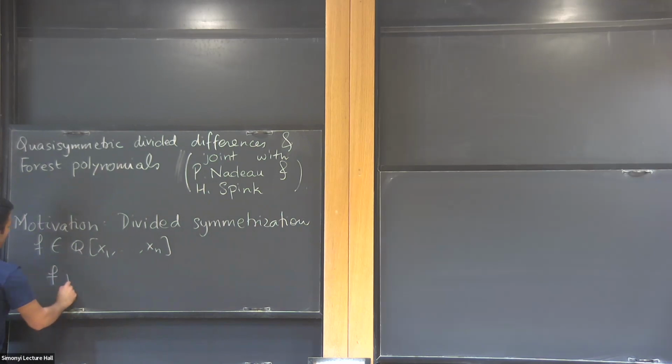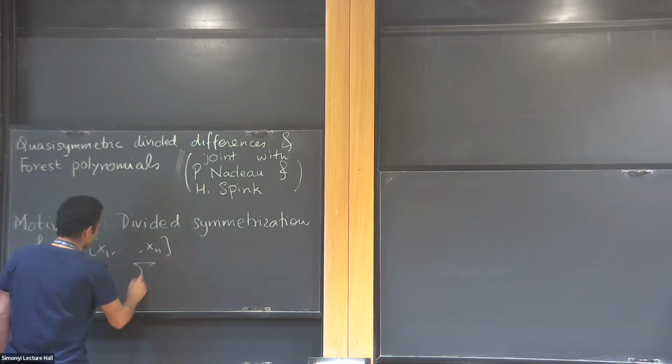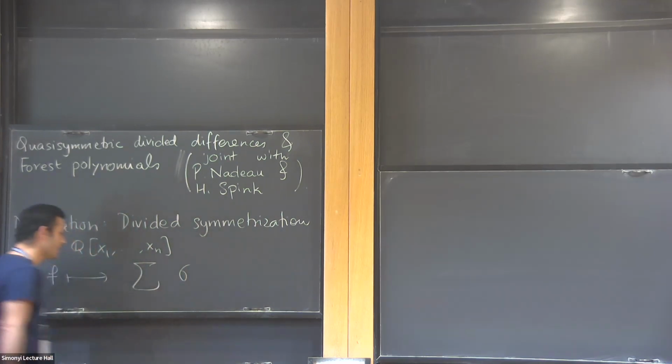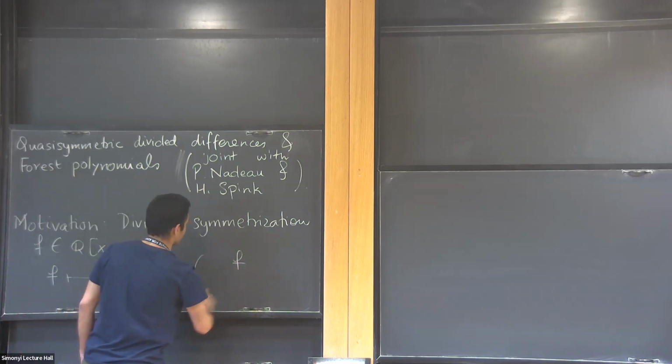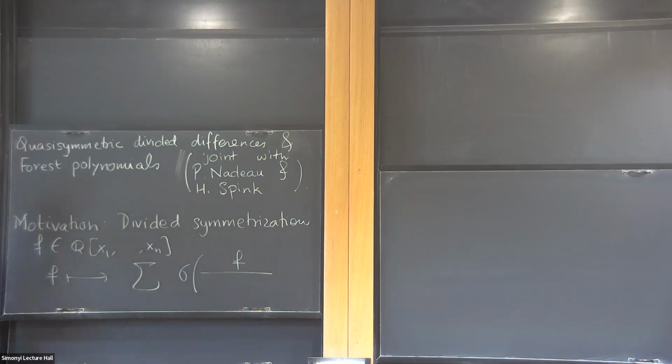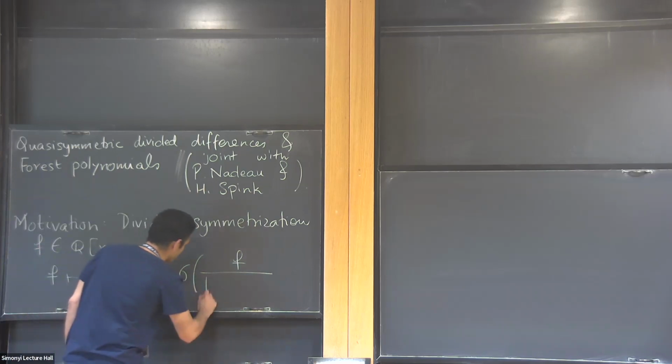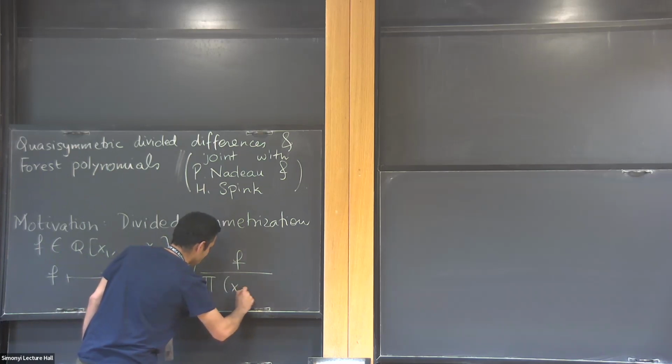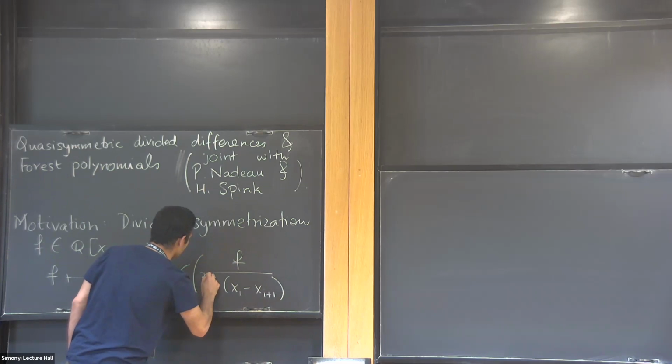So f is going to get symmetrized, so we should expect a symmetric group acting on it. Here's f in the numerator, and since the term divided appears here, you should expect some rational function aspect. So this is the denominator, i going from 1 to n.